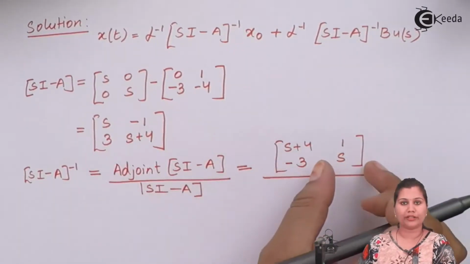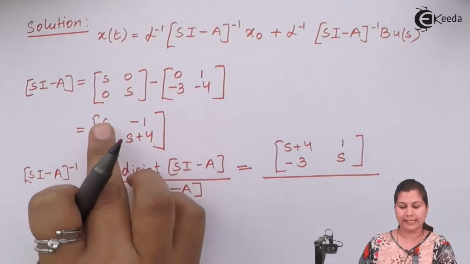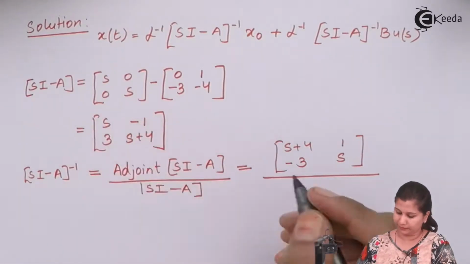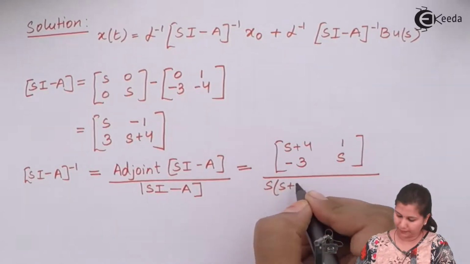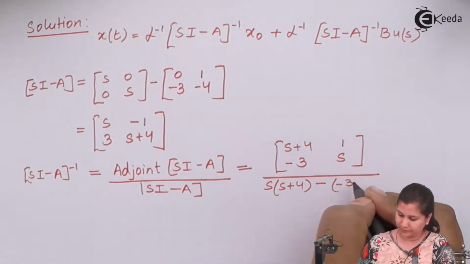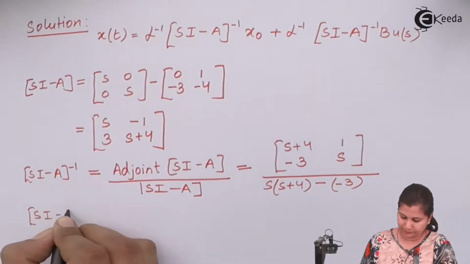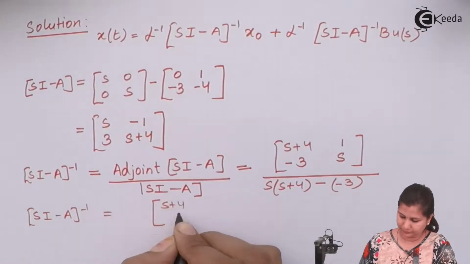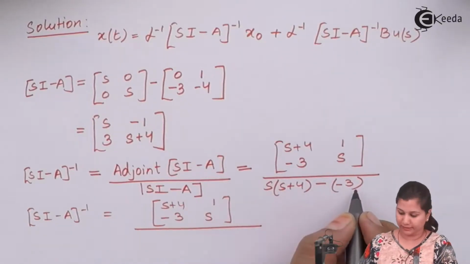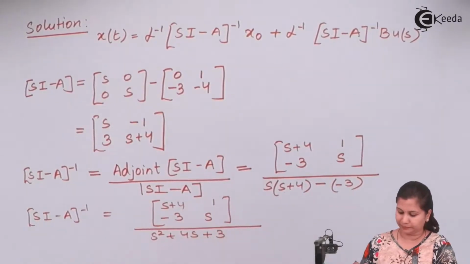This is the adjoint of SI minus A. Now for the determinant, just multiply S into S plus 4 minus 3 into minus 1. Minus 3 into minus 1 is minus 3. Just solve it: S plus 4 plus 3. So it will be S square plus 4S plus 3.